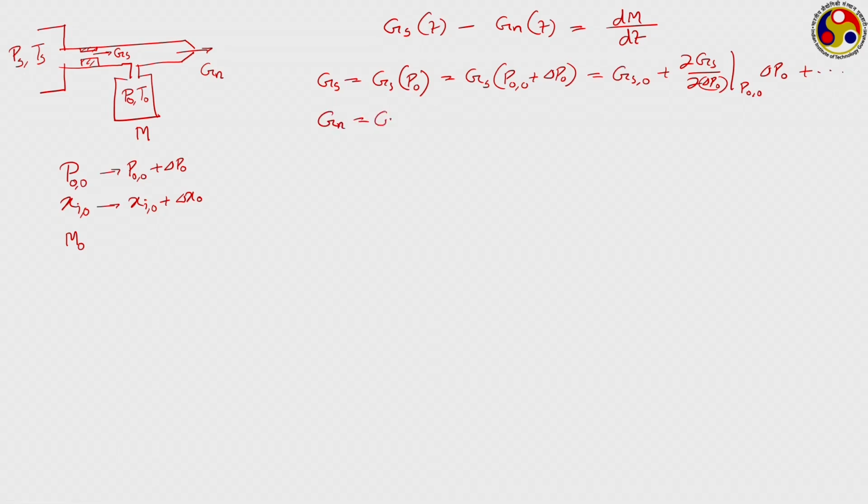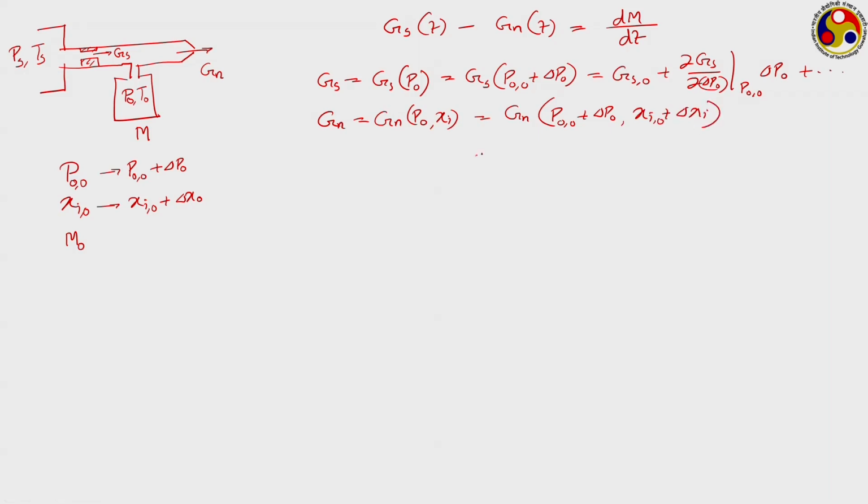Gn depends on what? Gn is a function of both the pressure P naught and the nozzle opening. That means we can write Gn when there is a change, delta P naught and xi plus delta xi, where xi 0 is the equilibrium position.